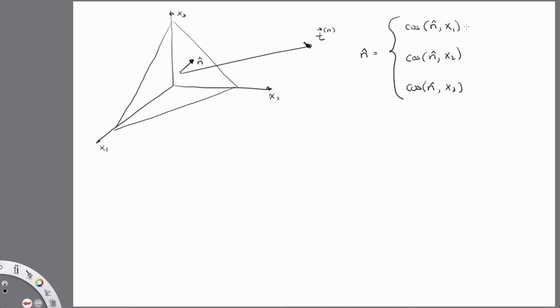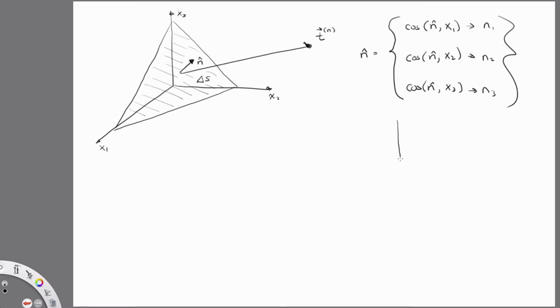So these are the components n1, n2, n3. This face, this slice, if you will, we're going to say it has surface area delta S.